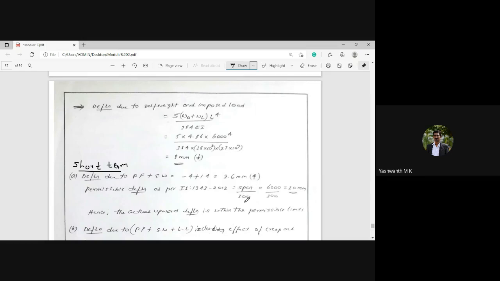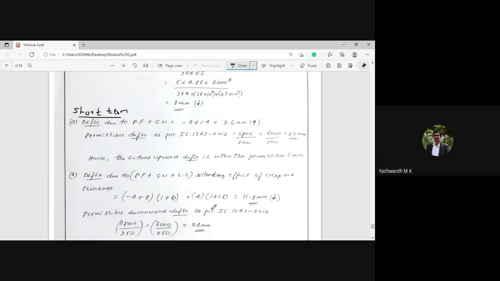So span by 300 is 6000 by 300, that is 20 millimeter. The upper deflection is less than 20 mm, hence the short-term deflection at transfer stage will be within the permissible limit.